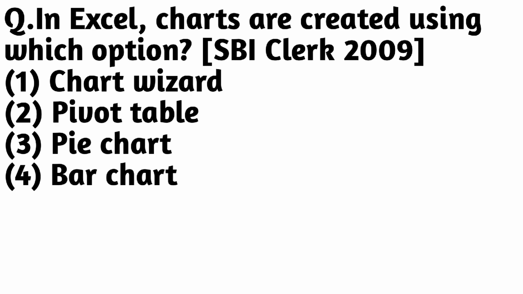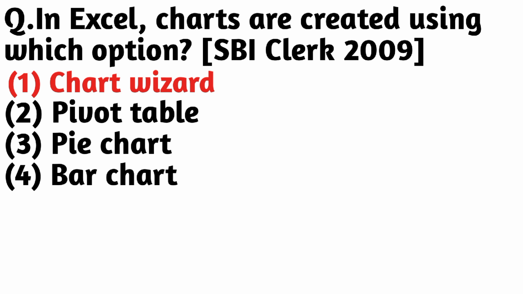Next question. In Excel, charts are created using which option? Option 1 chart wizard, 2 pivot table, 3 pie chart, and 4 bar chart. The correct answer is option 1 chart wizard.